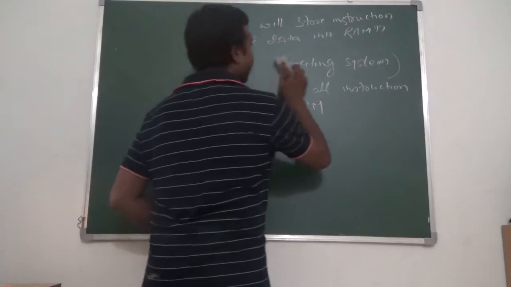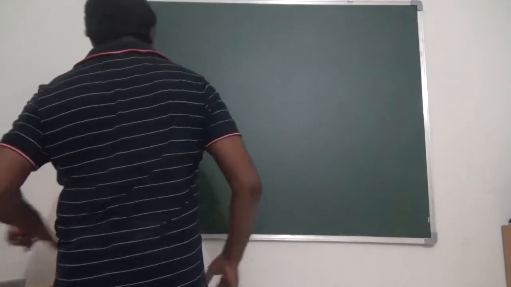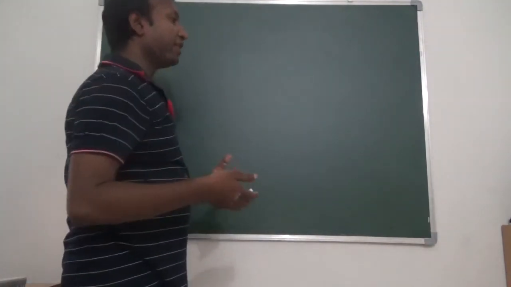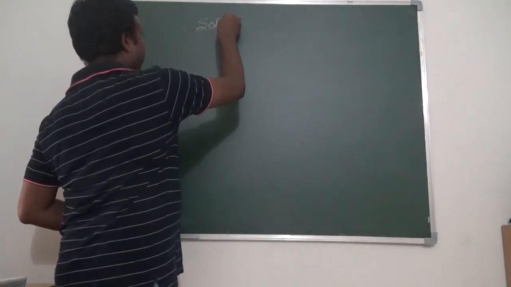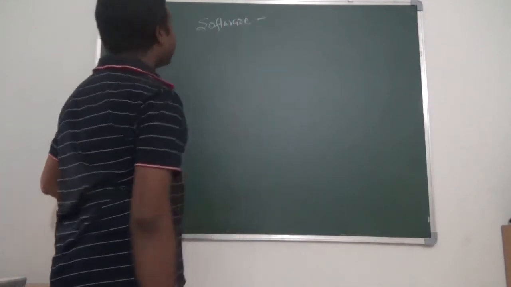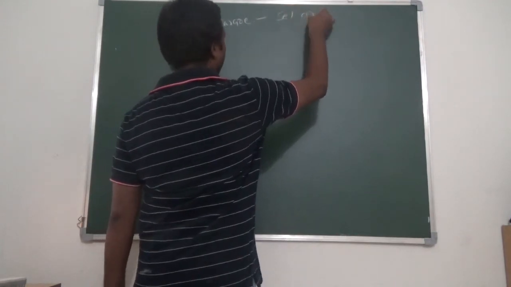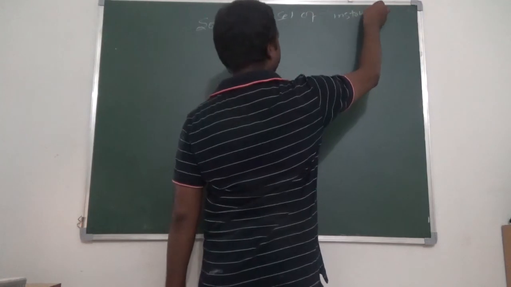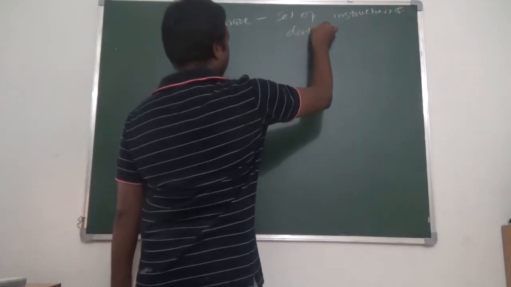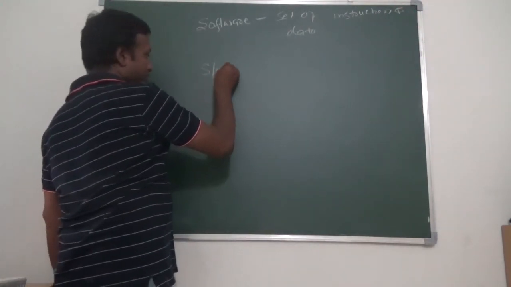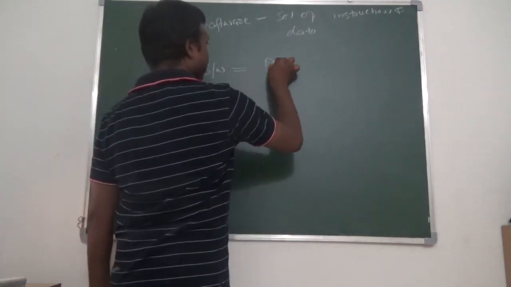So let's first define what an operating system is. Before defining the operating system, I want to define software. It is nothing but a set of instructions and data. Sometimes software is a synonym of program also.